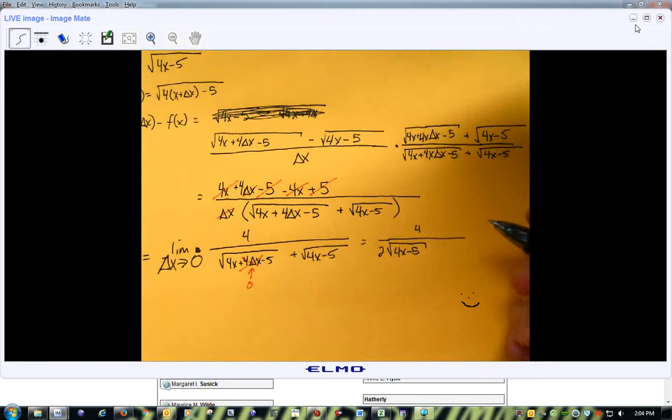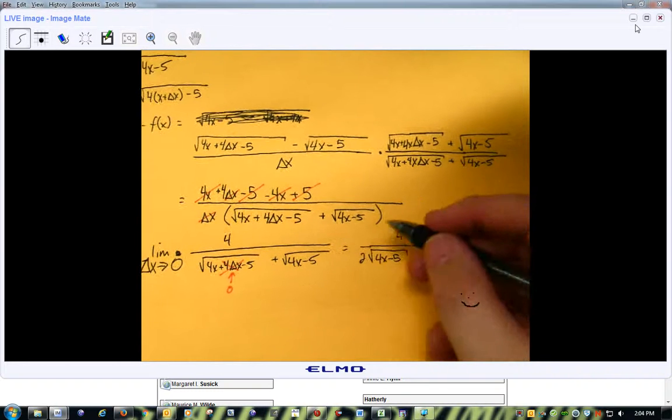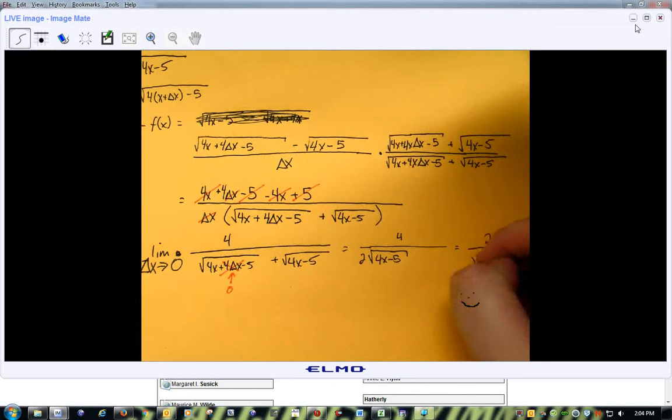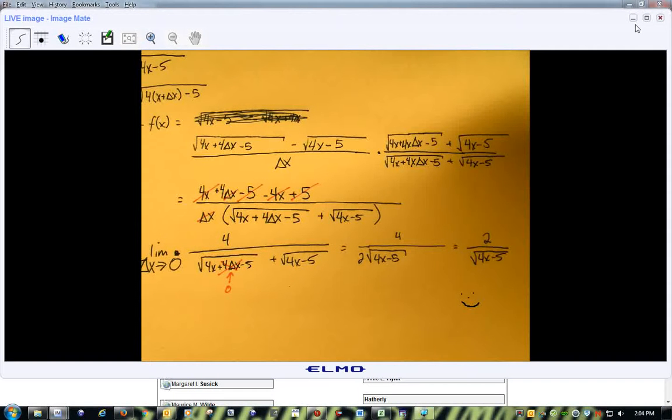Then the 2, you divide that out, and you're going to end up with 2 over the square root of 4x minus 5. Don't rationalize the denominator. Don't do that.